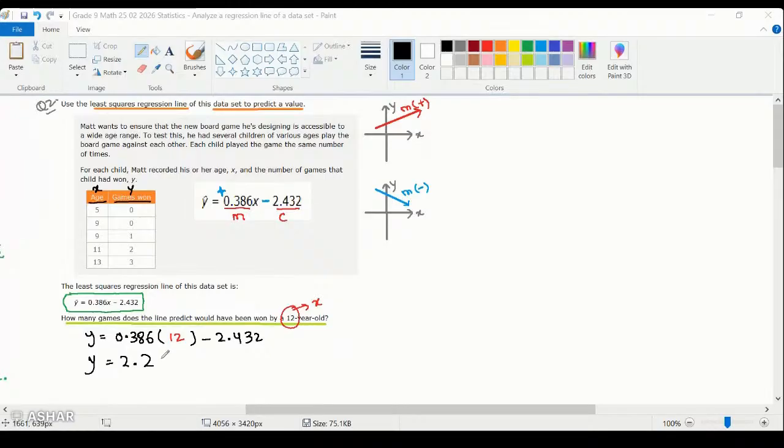Therefore, this is rounded down and it comes out to be 2 games.